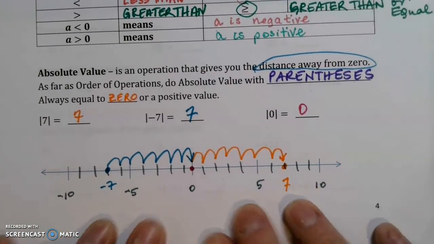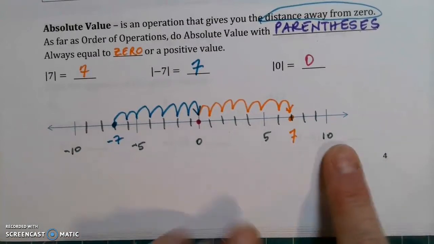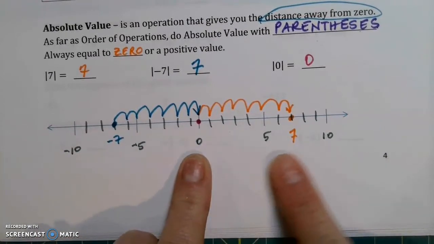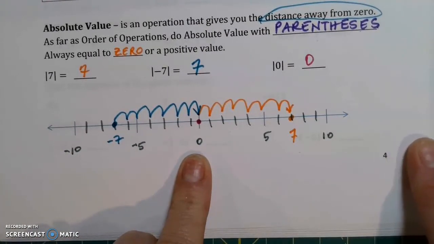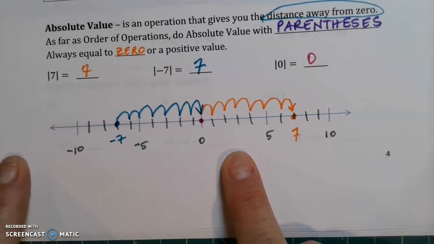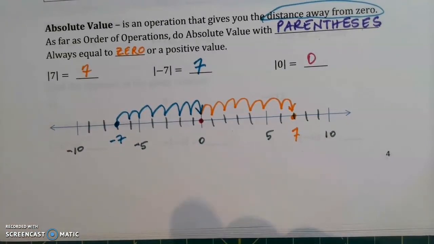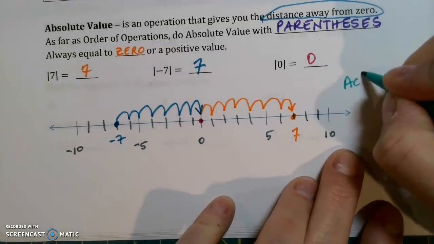When I look at my number line here, we've got the 0 in the center, and then we're going off to positive infinity this direction, and then we go off to negative infinity in that direction. As far as the value of these numbers, so we've got actual value.